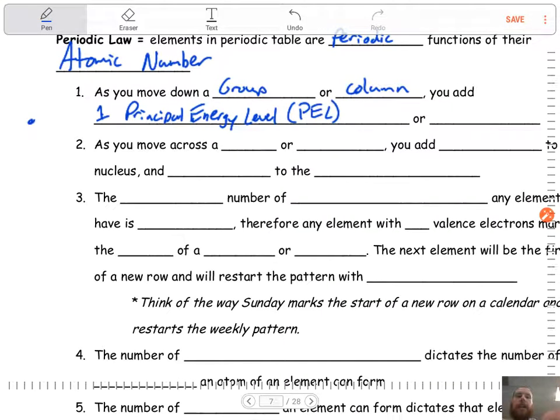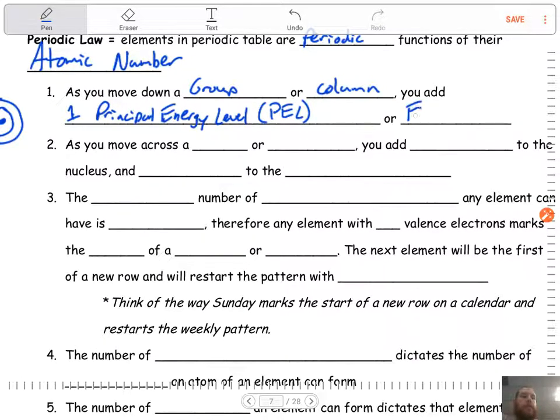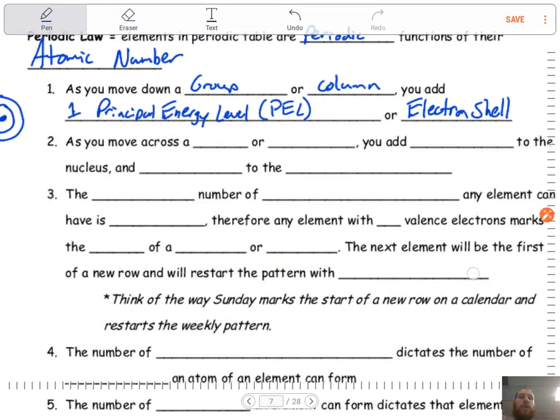Basically, guys, if you're thinking about Bohr's model, every ring around the nucleus is a principal energy level. So as you go down a group, you gain another energy level. They're also called electron shells, so you'll hear both terms. Again, it's where the electrons reside, or part of where they reside.